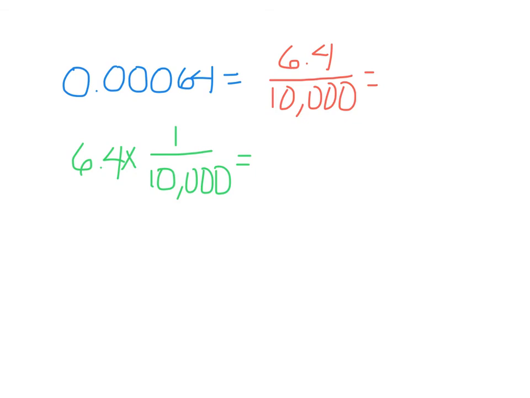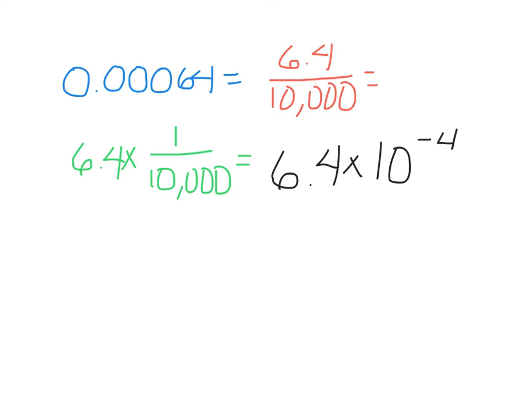Which equals, so now we take a look here and we see there are 4 zeros. So that's our power of 10, it's going to have a 4. So this then equals 6.4 times 10 to the negative fourth power.